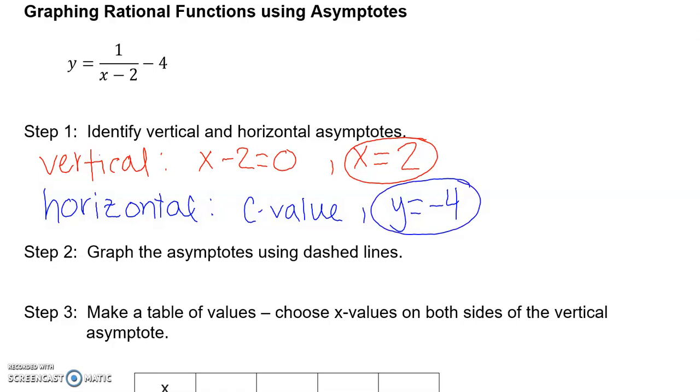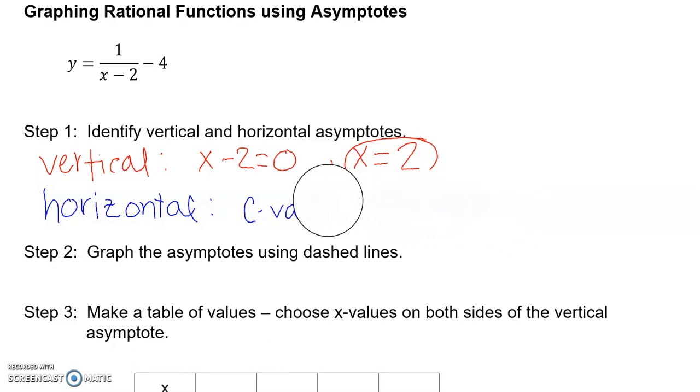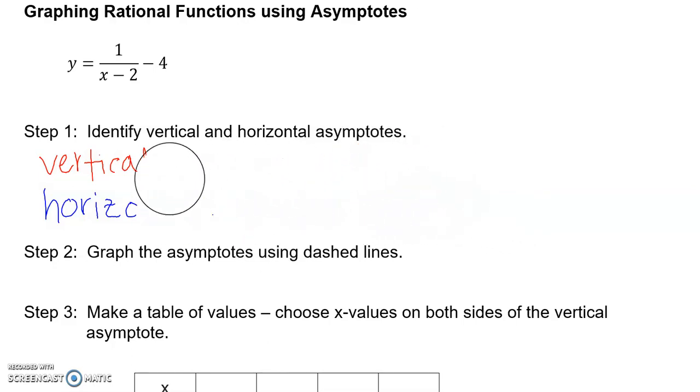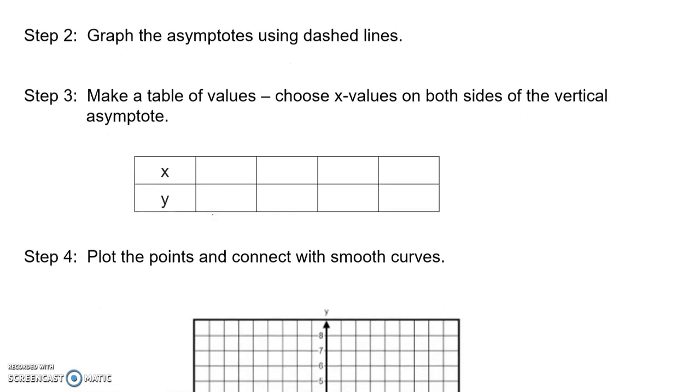So now we're going to graph our asymptotes using dashed lines. Asymptotes are usually invisible on a graph, so that's why we're going to graph them using dashed lines, so we know where they are when we're creating our graph.